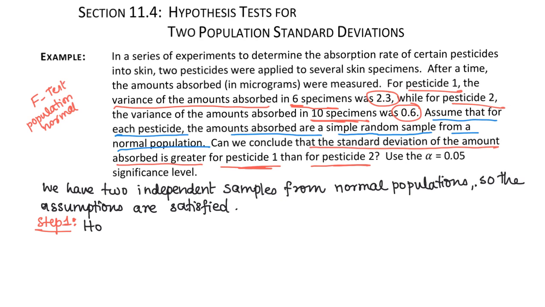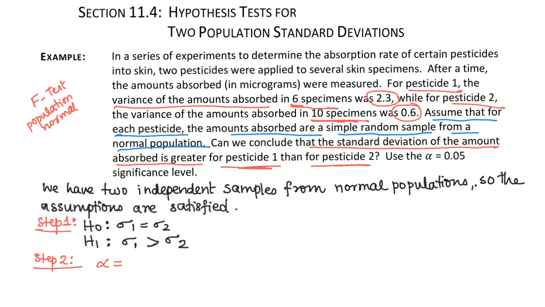First, state the null and alternate hypothesis. The standard deviation of pesticide 1 being greater than pesticide 2 is the alternate hypothesis.